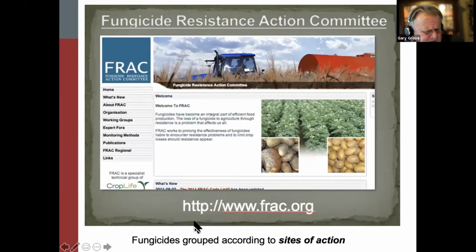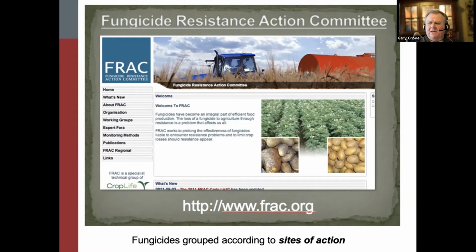So that's where the Fungicide Resistance Action Committee comes in. It's called FRAC, and the URL is at the bottom of the page. There are actually several different ways to get here. You could use that, or you could use frac.info. The Fungicide Resistance Action Committee is an international organization comprised of plant pathologists that work in the academic world, government, and private industry.